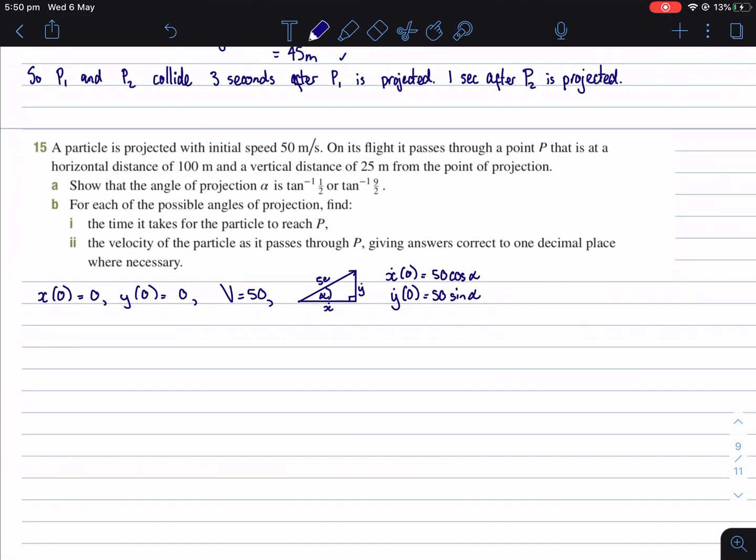And they've told us that at a point P, we get to a point where we're 100 meters along and 25 meters up.